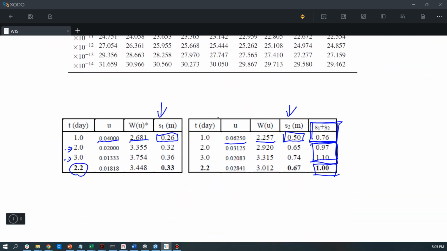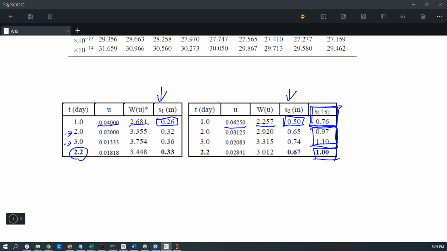After 2.2 days, the drawdown will exceed 1 meter. So 2.2 days is our final solution, and the corresponding drawdown caused by well 1 is 0.33 meter, and caused by well 2 is 0.67 meter.